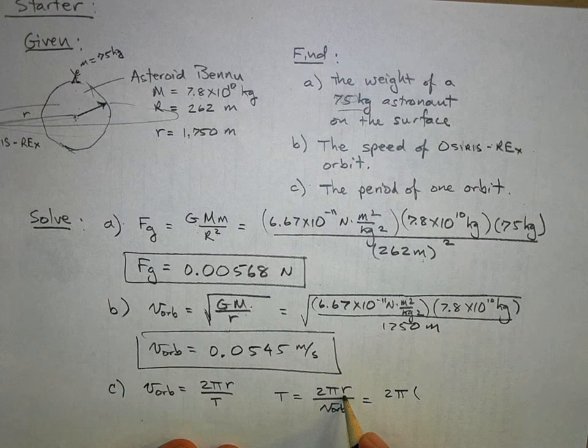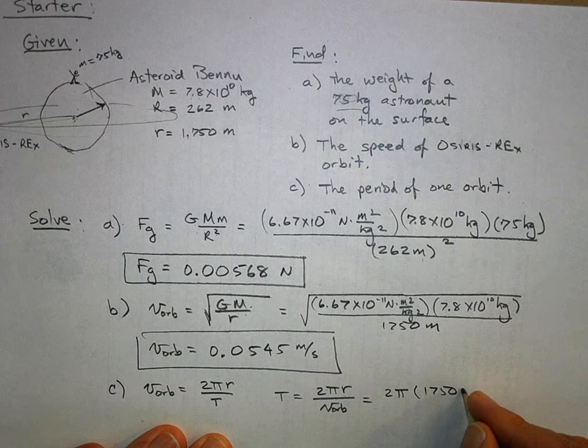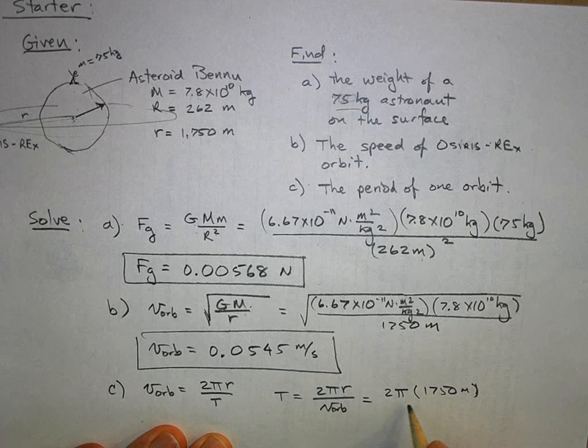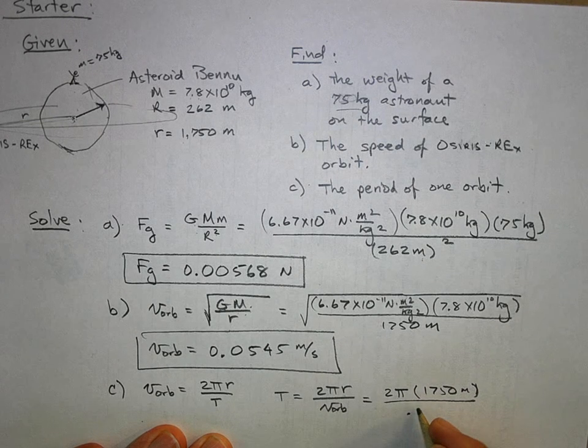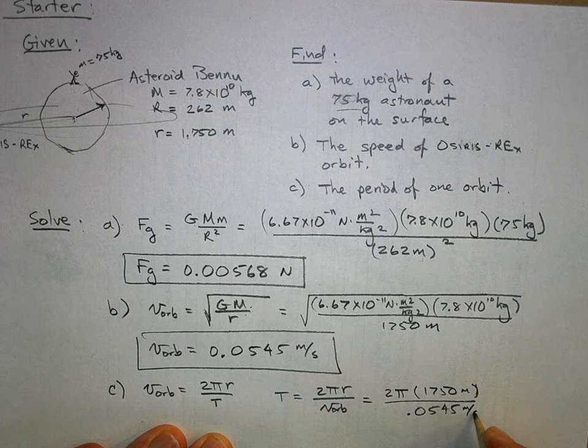Now, the orbital radius is 1,750 meters, and the velocity is 0.0545 meters per second.